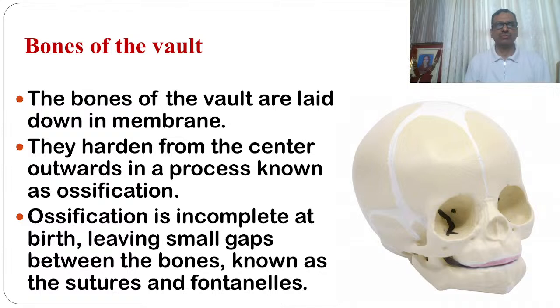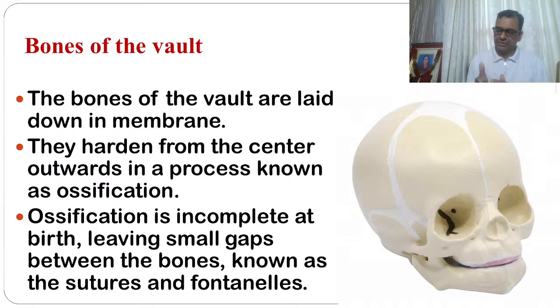Next, we should know the bones of the vault. The bones of the vault are laid down in membrane. Initially in the embryo there are membranes, and through ossification centers the bones become ossified.